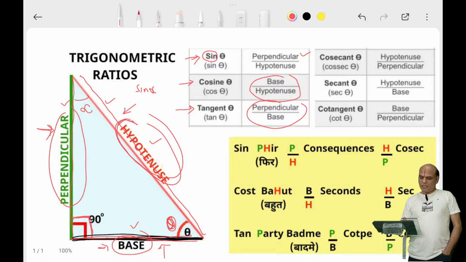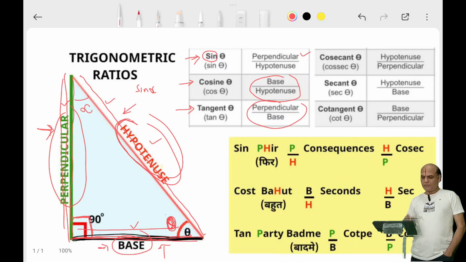So depending on the angle which is being considered, perpendicular and base could replace each other. So I am considering theta here. So this side is base, whereas the side looking at this angle is the perpendicular. When I am considering alpha, the side looking at this angle will become perpendicular and this will become base.